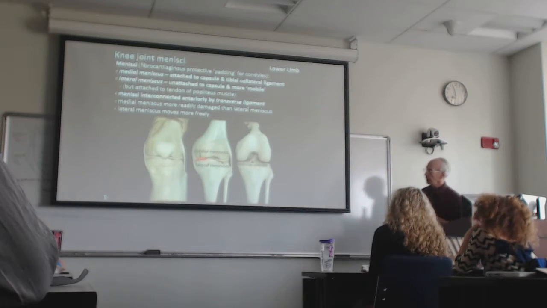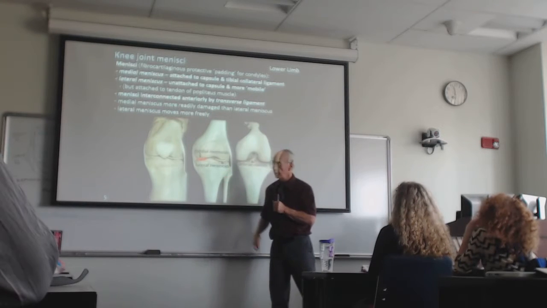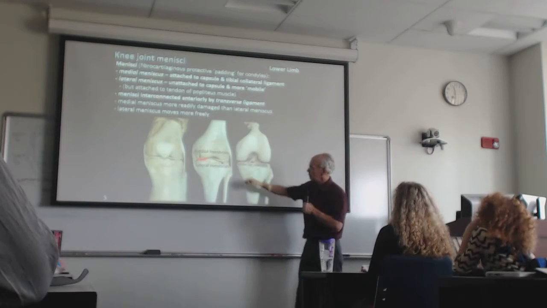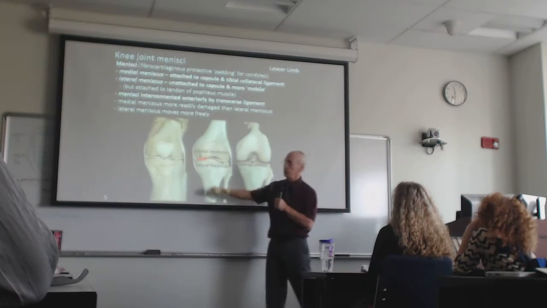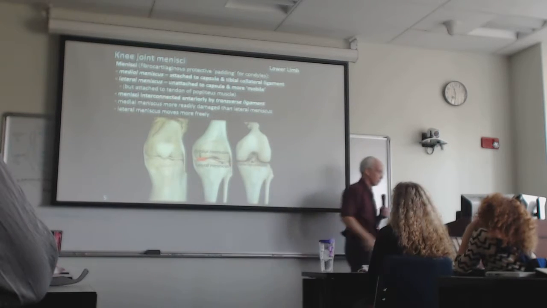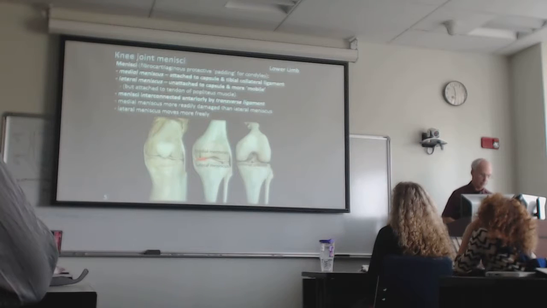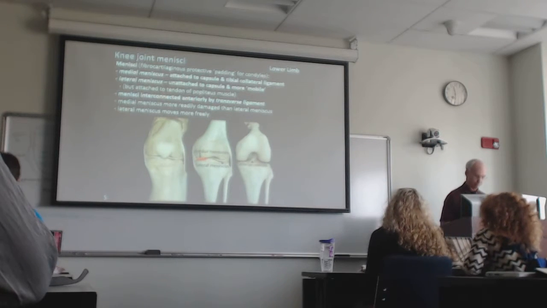The logic being that the medial meniscus is unable to move around, unable to shift to accommodate the changes in load by comparison with the lateral meniscus. I think more likely the reason this medial meniscus tends to deteriorate more rapidly is there's more weight, there's more load, there's more trauma on that meniscus. But in any case, that would certainly be true.